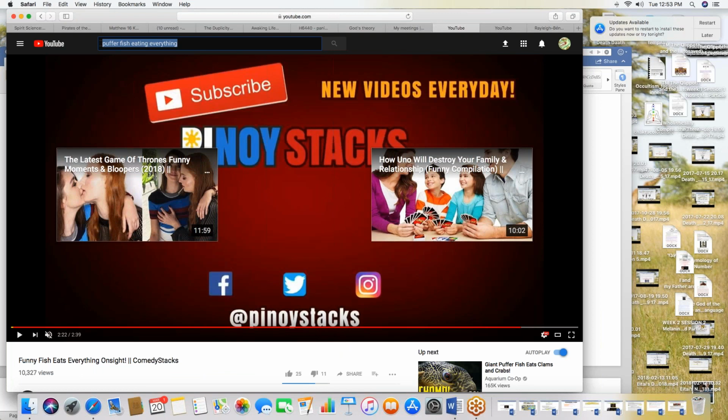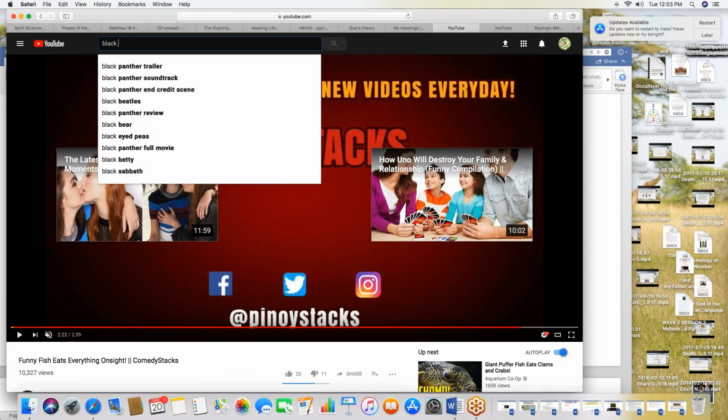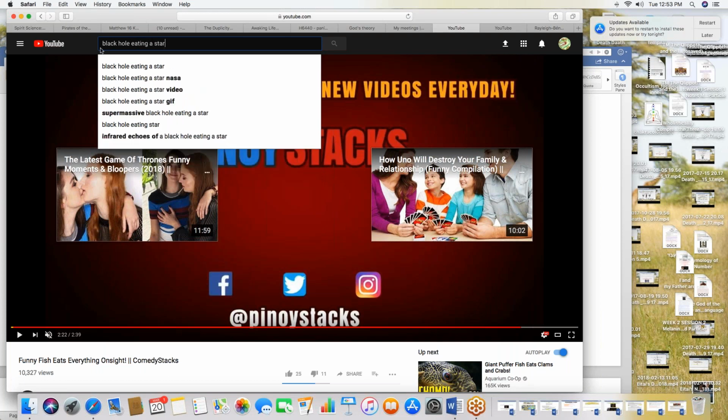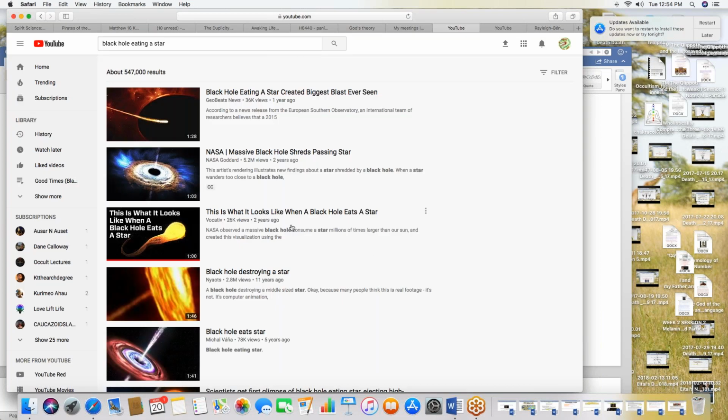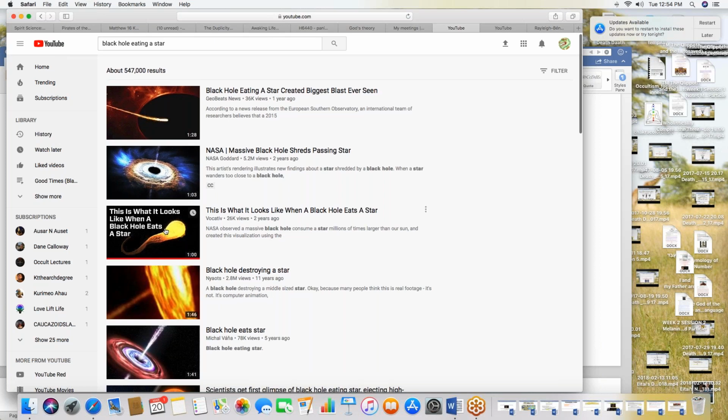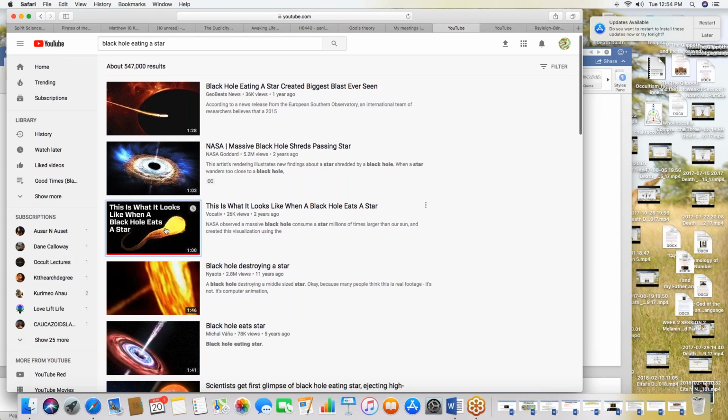So we saw how the pufferfish eats. He eats like a human, eats everything. So this is how a black hole eats a star. This is what it looks like.